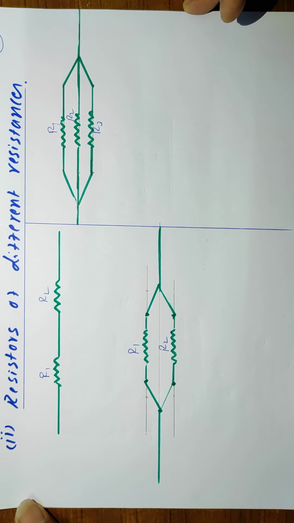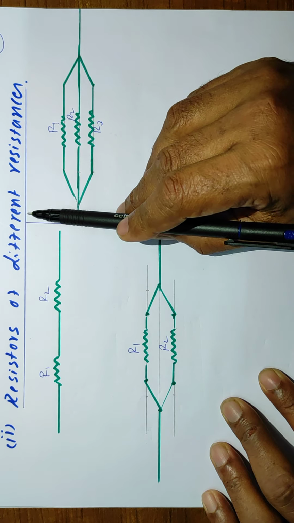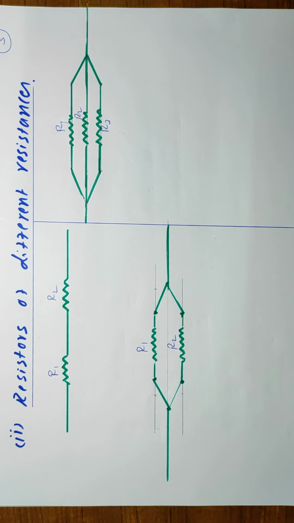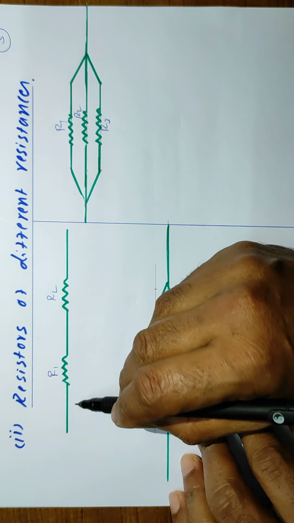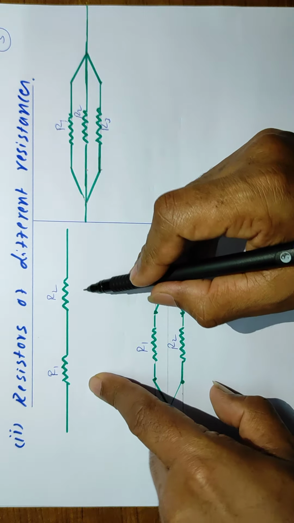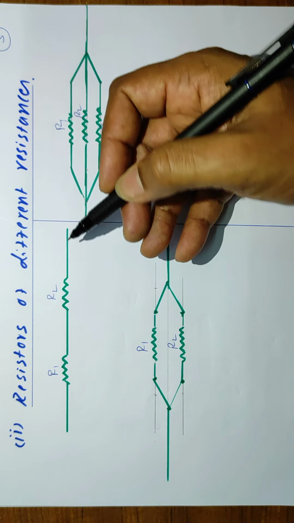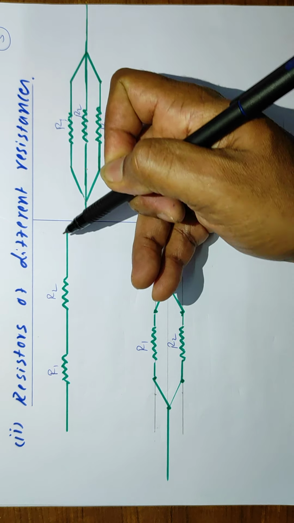So second case is the resistors of different resistances are used. There is not much difference between both cases. Here, two resistors R1 and R2 are connected in series. They are of different resistances.